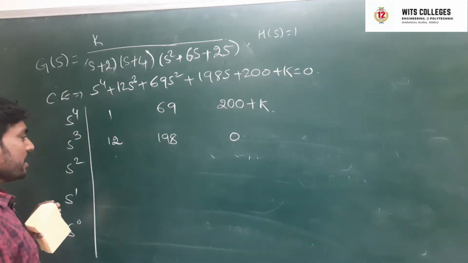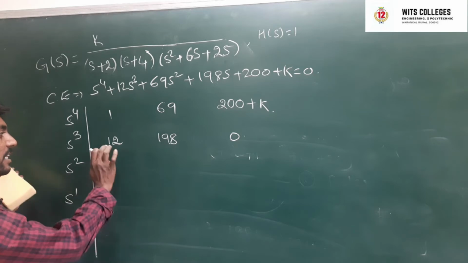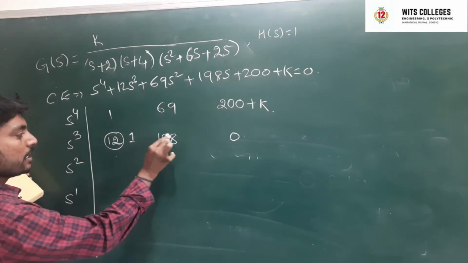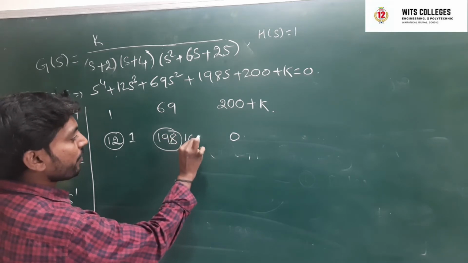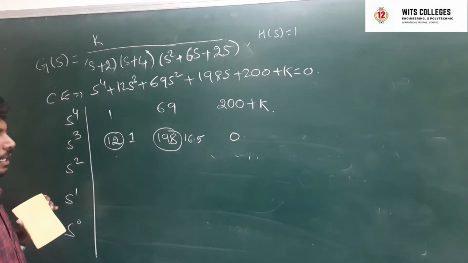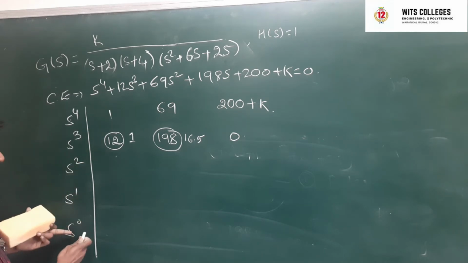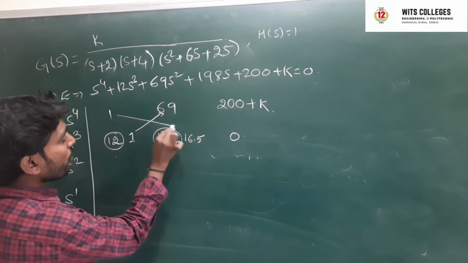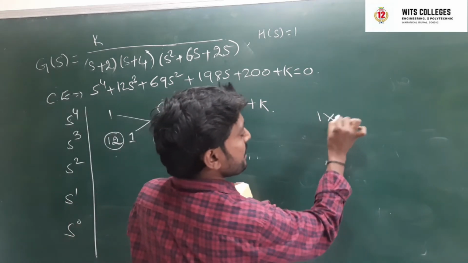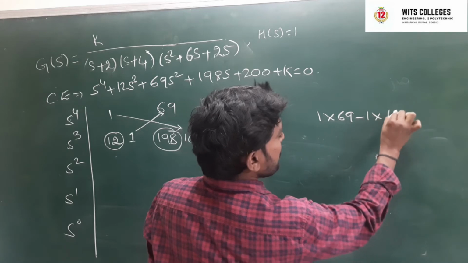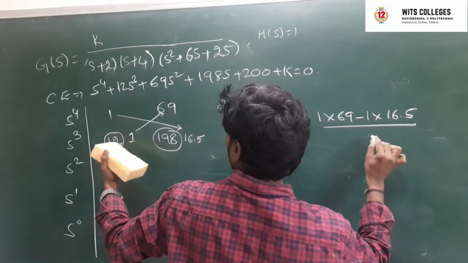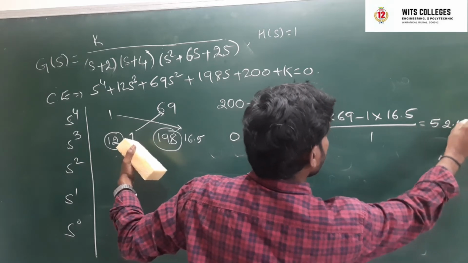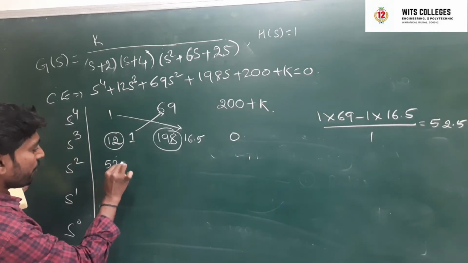For simplicity, we divide the s cube row by 12. Dividing with 12, I will get 1 and 16.5. In order to get the s square row, multiply 1 into 69 minus 1 into 16.5 by 1, and we get 52.5.